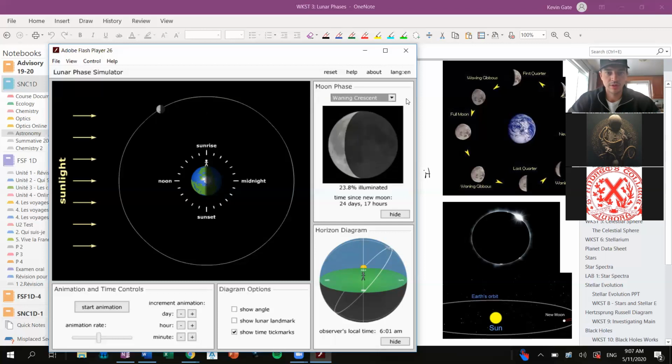let's go to first quarter. You'll notice for different phases, you will see the moon and the sun moving in parallel. They're moving in the same orbit. So you can see that happening here.